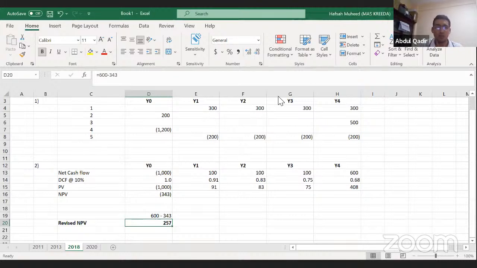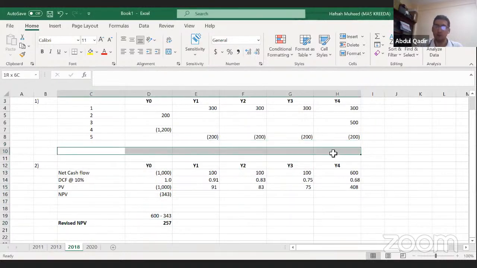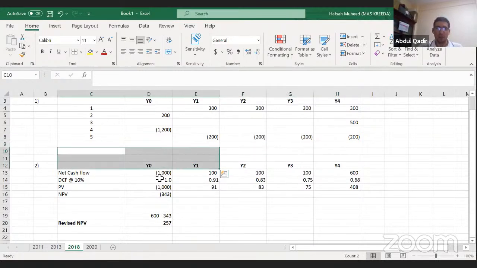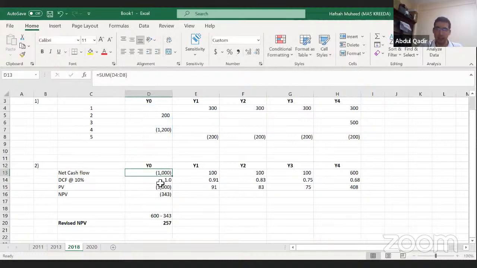There's a question. Can we answer both the questions in the same column? In the sense, don't put this working again into the same one. I would recommend keeping it separately. Because when we started, we took the net cash flow initially, so you can just directly take that amount.